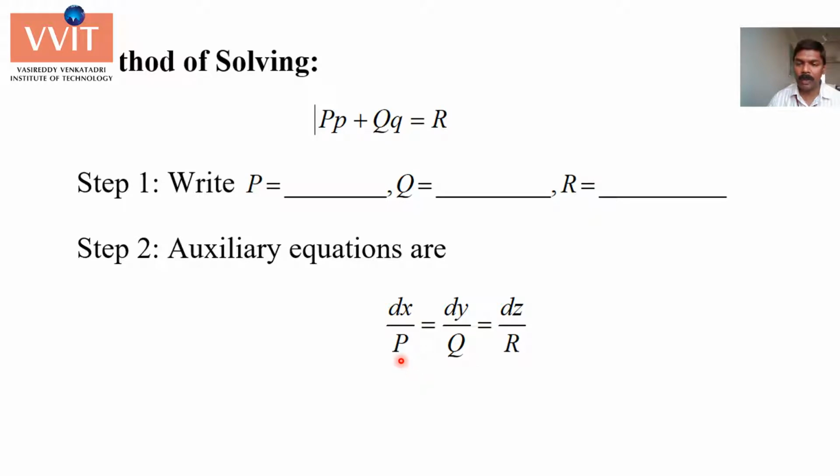For example, if I select first member and second member, here there is a condition. These two members should contain only x and y variables. You should not get z. Even if there is z, if you are able to cancel z on either side, there is no problem.